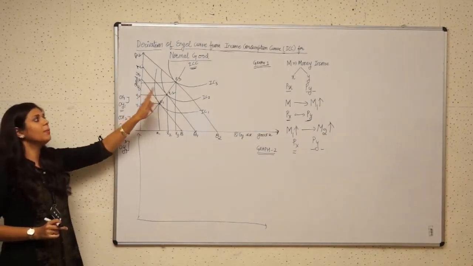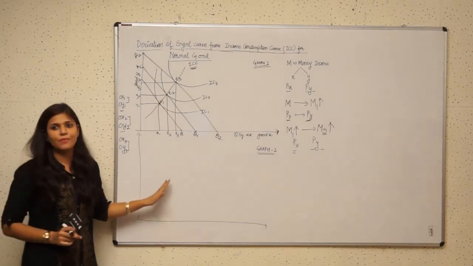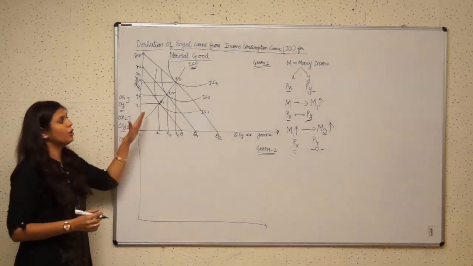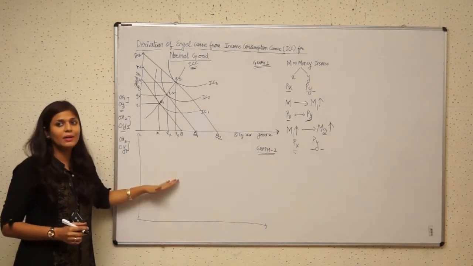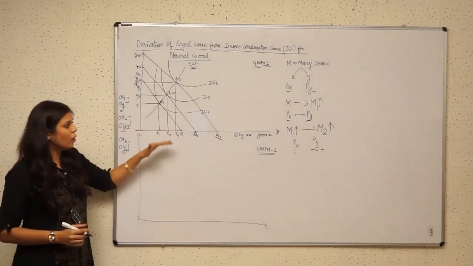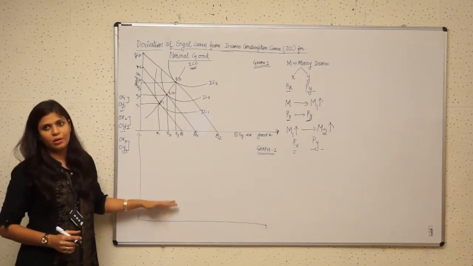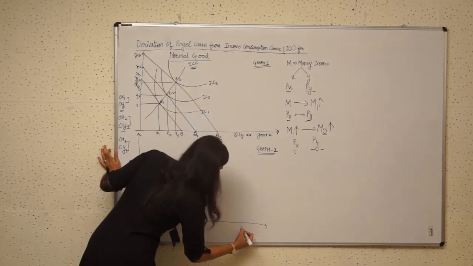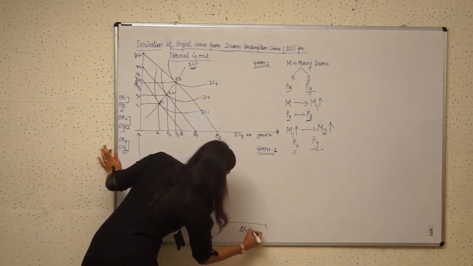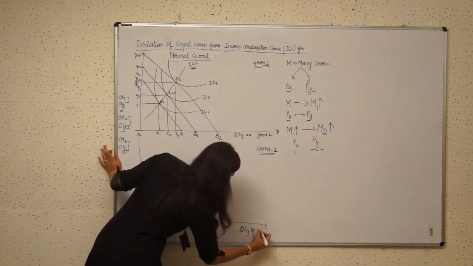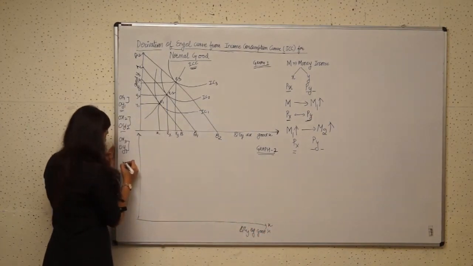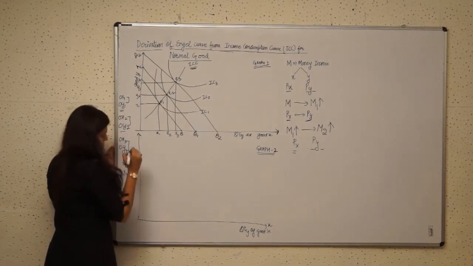Now with the help of the income consumption curve, we are going to derive the Engel curve. One thing important to note here is that another graph is going to be drawn just below graph 1. In graph 2, we are going to show the quantity of good X on the x-axis and money income on the y-axis.